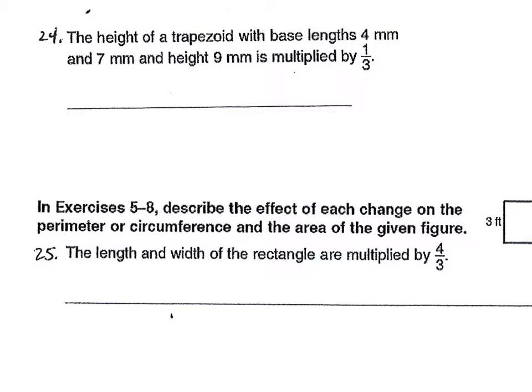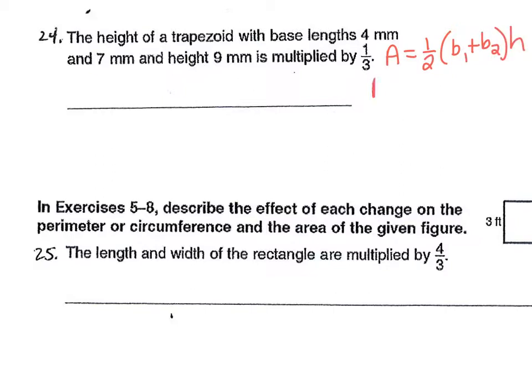So first of all, since I'm going to get the area, let me get the area of the original figure. What's the formula for the area of a trapezoid? 1/2 times base 1 plus base 2, times the height.